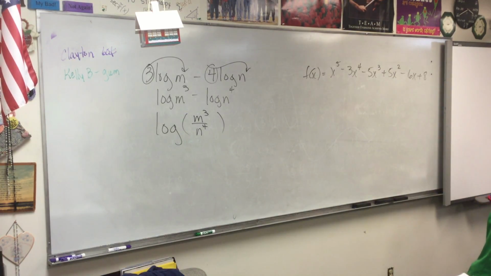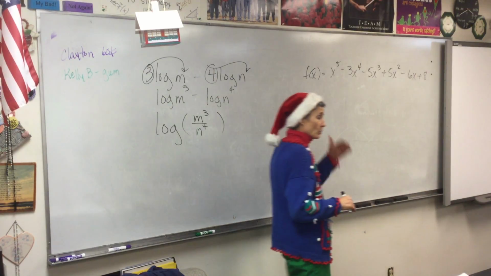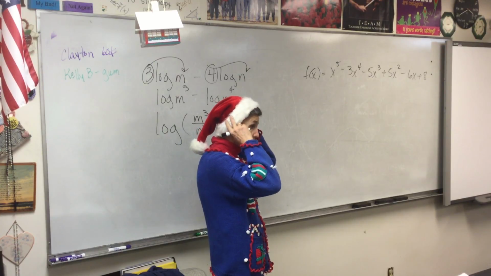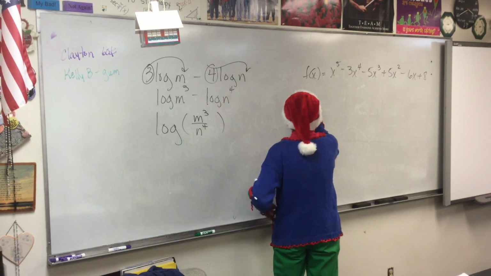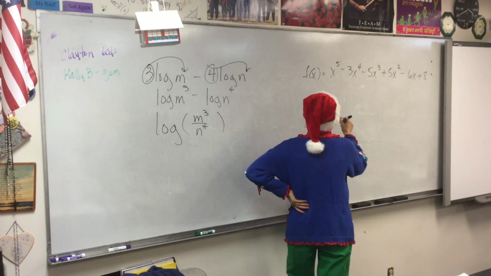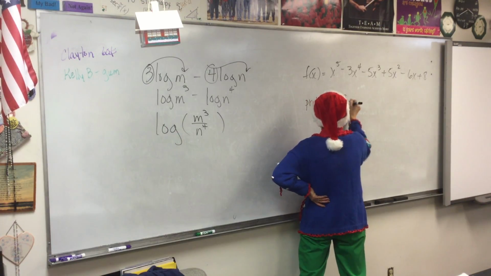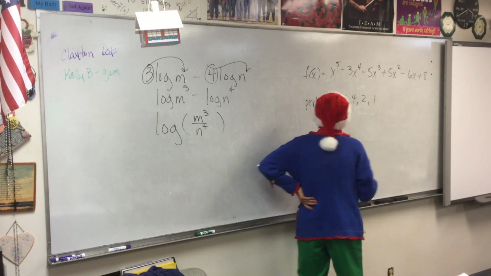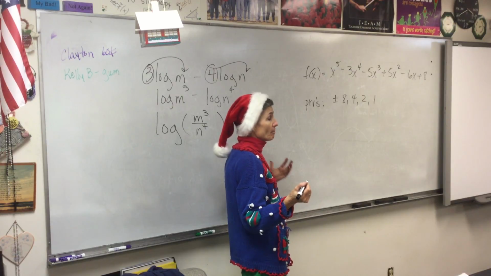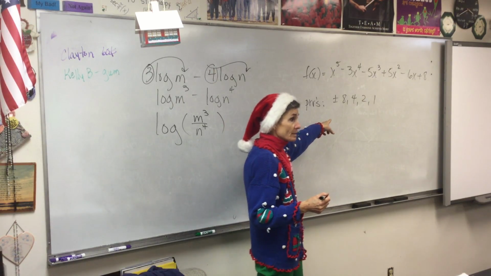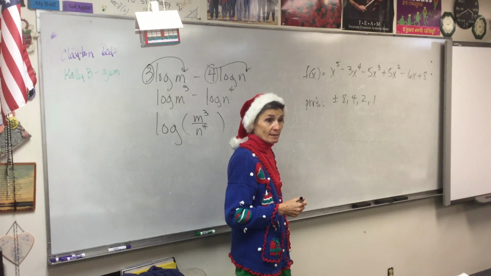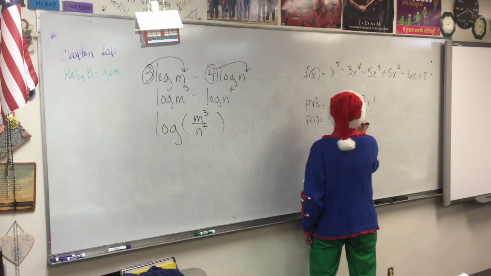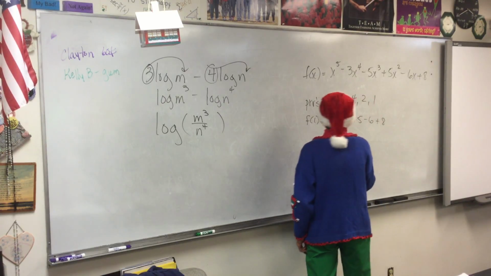Okay, now, I don't know exactly how the flow of the question is going to be, but certainly PRRs, that was on the mini review, right? So, what are the PRRs? I'm going to start figuring these things out. So the PRRs will be factors of 8 over factors of 1. All right, so then I'm going to start guessing numbers from this list and hoping that something gives me 0. So I'm going to try 1 and see what happens.